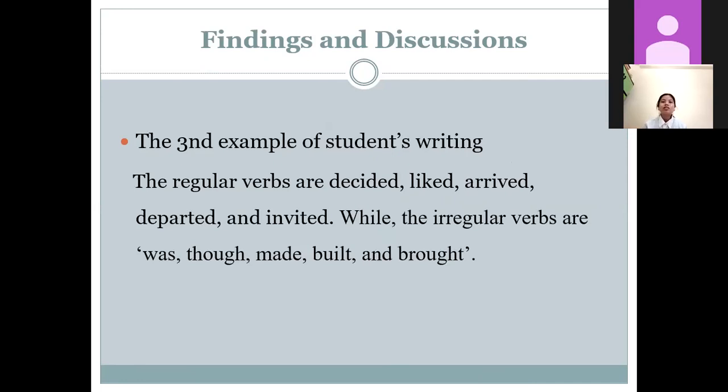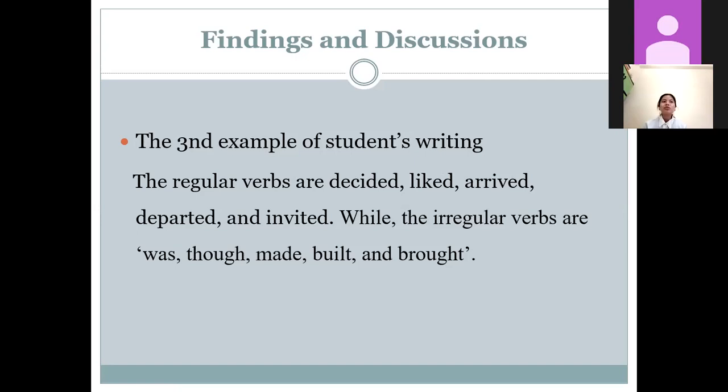the third example of students' writing. We found that the regular verbs are decided, liked, arrived, departed, and invited. Those verbs follow the spelling rule for words ending in E, where D is added.